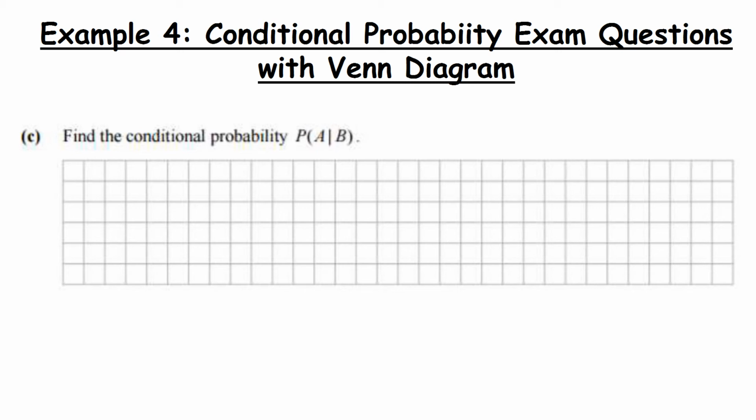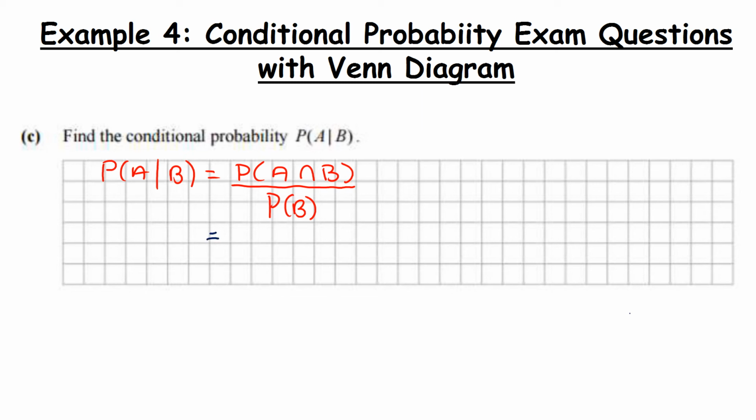Part C of this question is asking us about conditional probability. They've asked us to find the probability of A given B. So let's use our formula. The probability of A given B is equal to the probability of A and B happening, which is intersection, over the probability of B. Let's sub in. Now we're using the Venn diagram from the previous part.